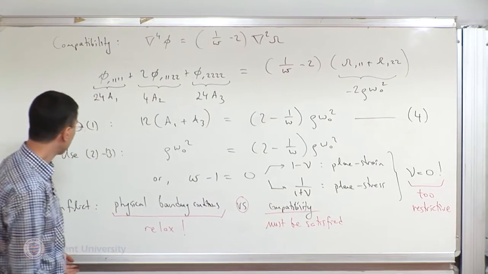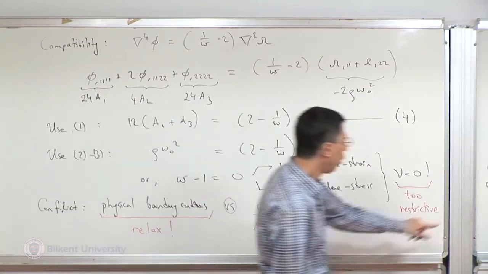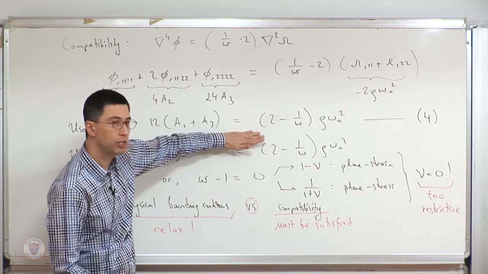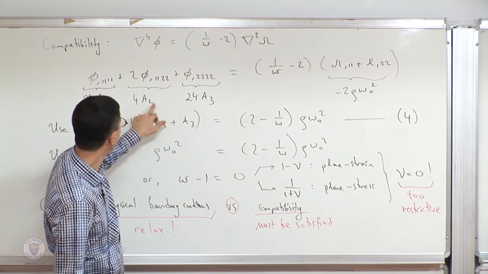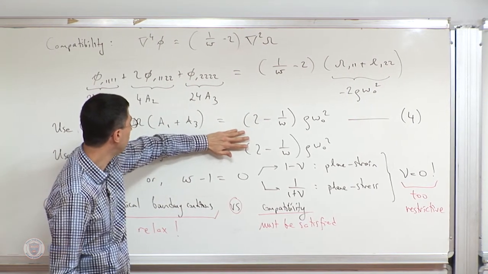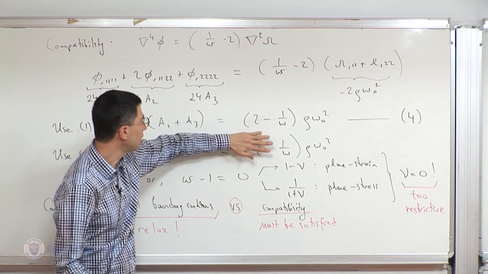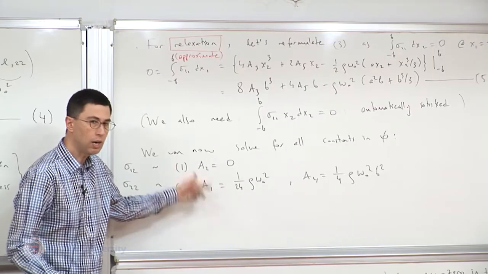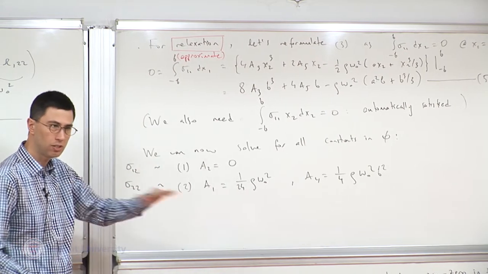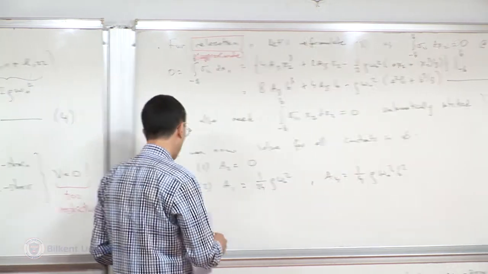So now I go up, and I know A1. I can go to compatibility equation number 4, right, just by making use of 1, right, which makes A2 vanish. And compatibility then says that you must satisfy equation number 4 between 1 and 3. I already know what 1 is. I can solve for 3. So now I satisfy compatibility for all values of omega.